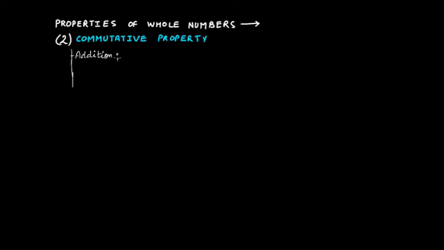In case of addition, what commutative property means is, suppose you have two numbers A and B. If A plus B, can you write it as B plus A? Would these two be equal? That is what actually the commutative property is.